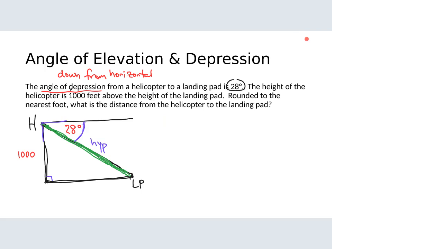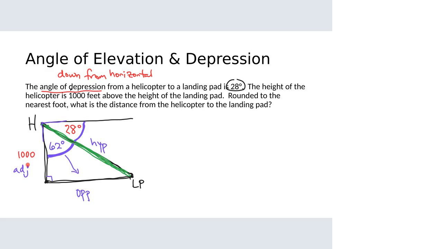And it's because together they make 90. If this is 28, then this one has to be 62. Now, finally, I know the angle inside my triangle, and I know a side length. That's the angle I know. So this is opposite, which means this must be adjacent, by default.